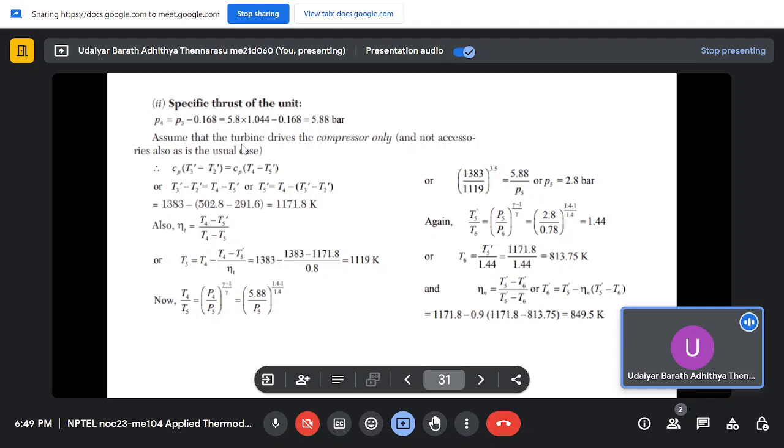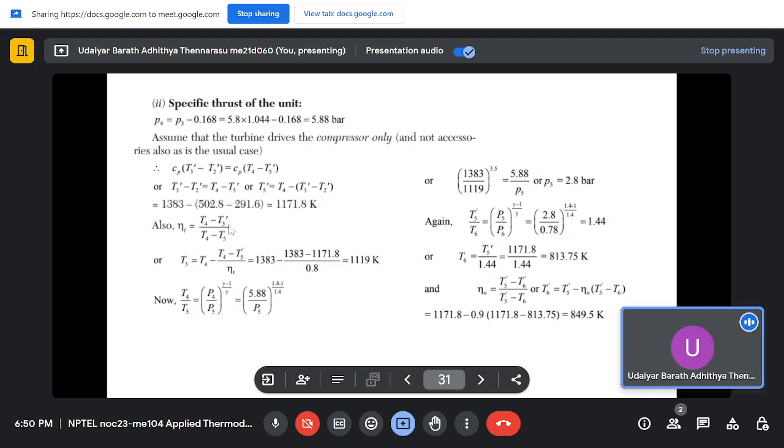So the work generated in the turbine equals the work consumed in the compressor. Cp into T3 dash minus T2 dash is the compressor work, and Cp into T4 minus T5 dash is the turbine work. Cp gets cancelled out, so we can find T5 dash straight away. T5 dash is 1383 minus 502.8 minus 291.6, so it comes out to be 1171.8 Kelvin. So this is T5 dash.